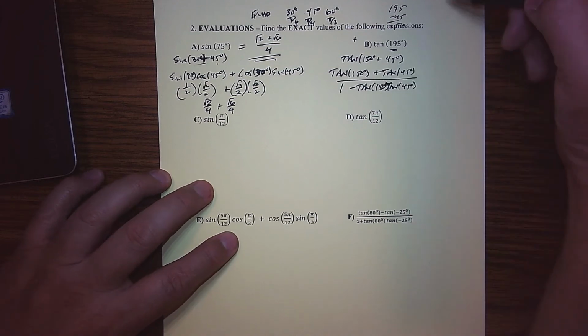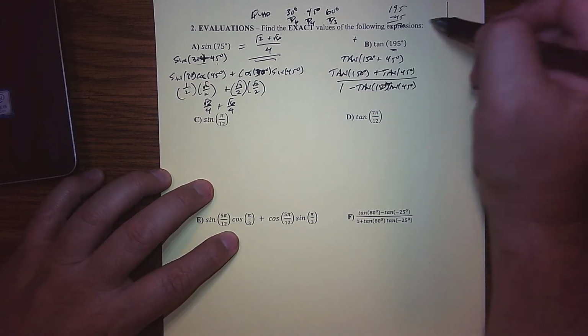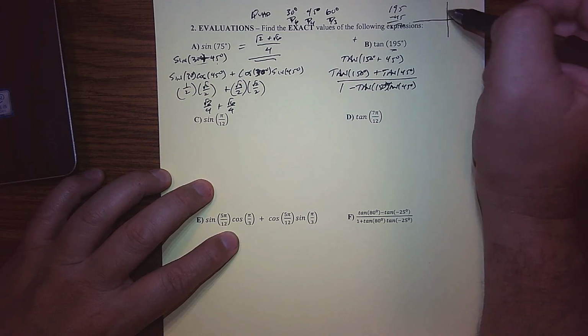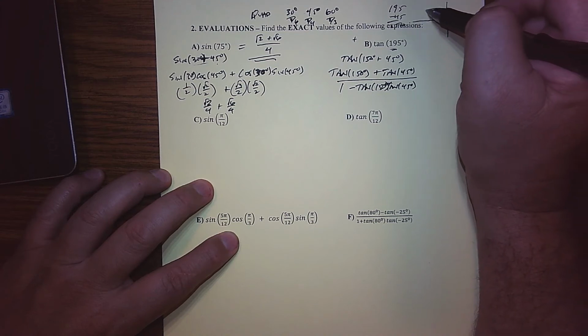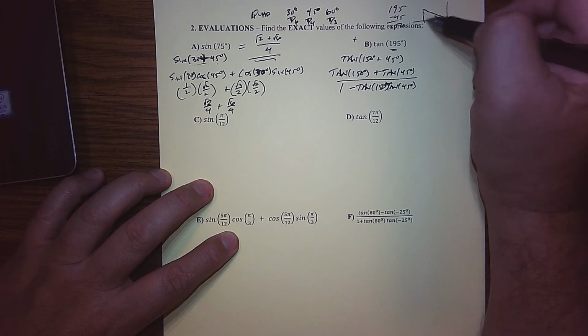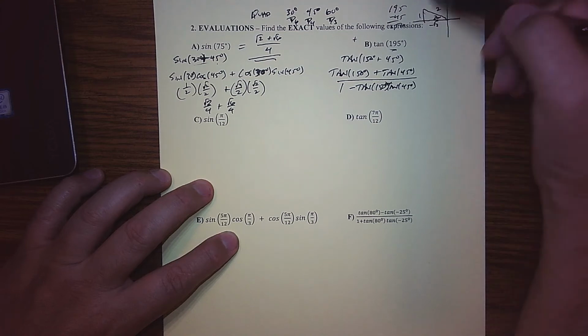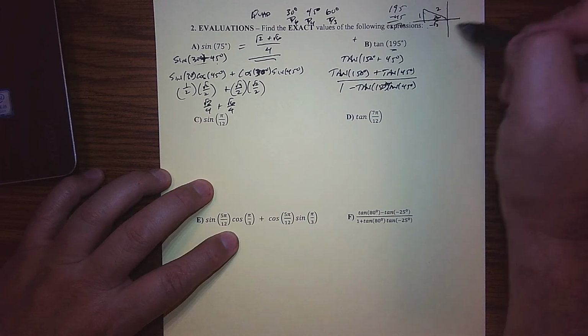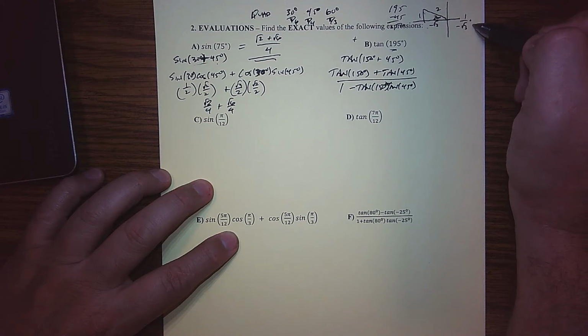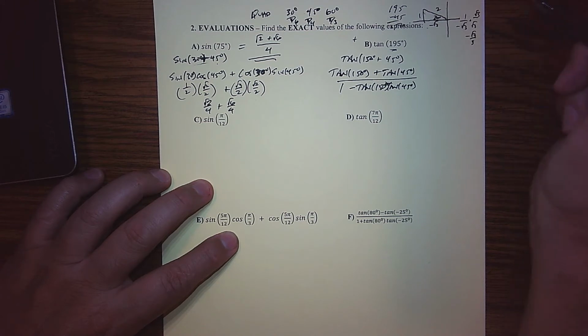Tangent of 150, how about I do a right triangle if we forgot? In terms of a right triangle, 150 has a 30-degree reference. So this would be negative square root of 3, 1, and 2. So the tangent would be 1 over negative square root of 3. And rationalizing that denominator, we get negative square root of 3 over 3.